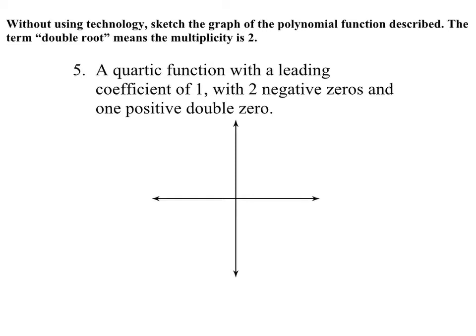Number 5 is the same kind of thing, except I'm saying I have a quartic function. That just means you have degree 4. And I'm saying I have a leading coefficient of 1. So positive leading coefficient, up to the right. Even degree means left and right go the same direction.